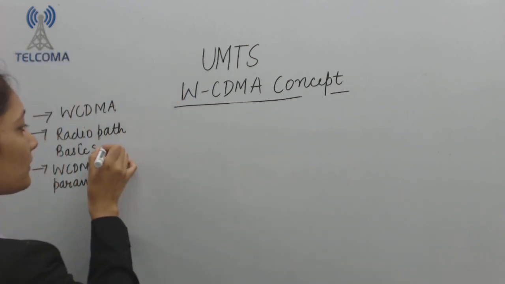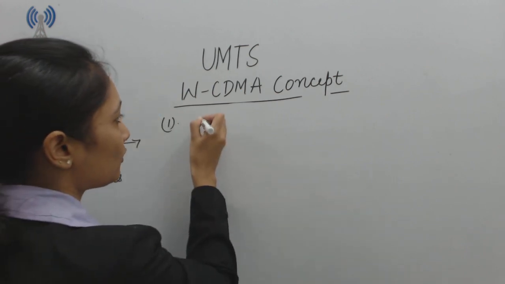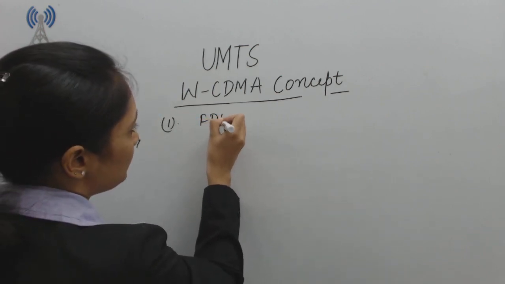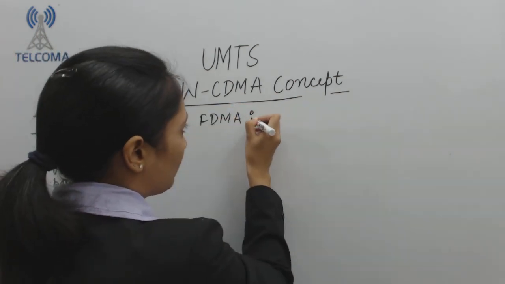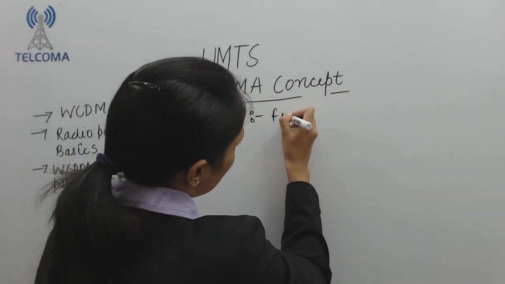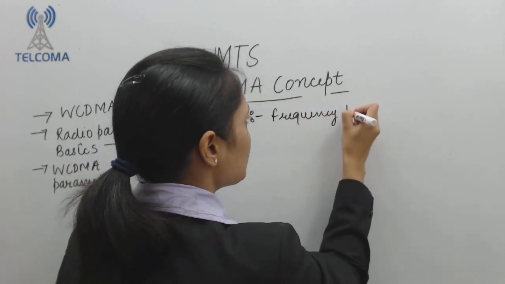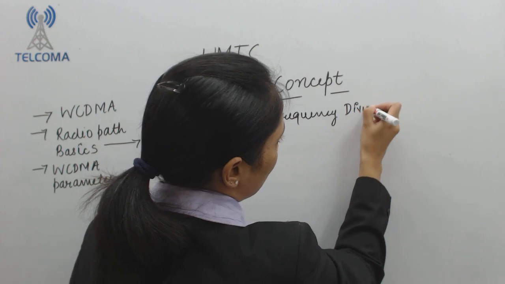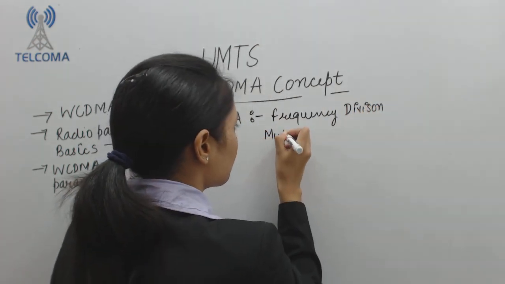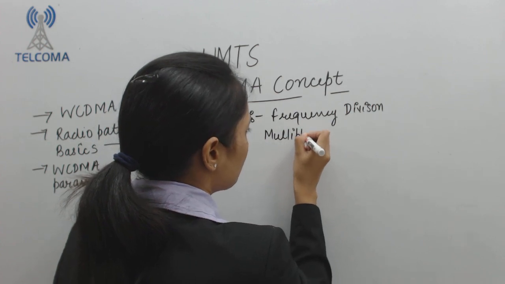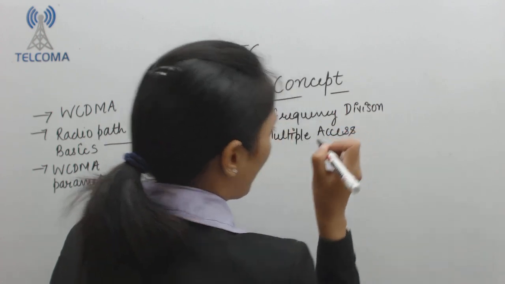So moving towards the radio path basics, the first access technology is FDMA, corresponding to frequency division multiple access.